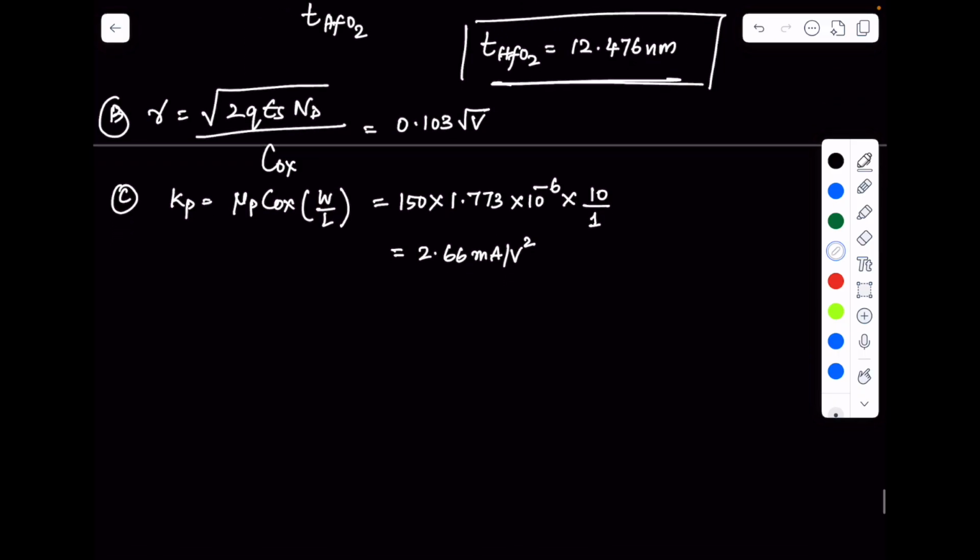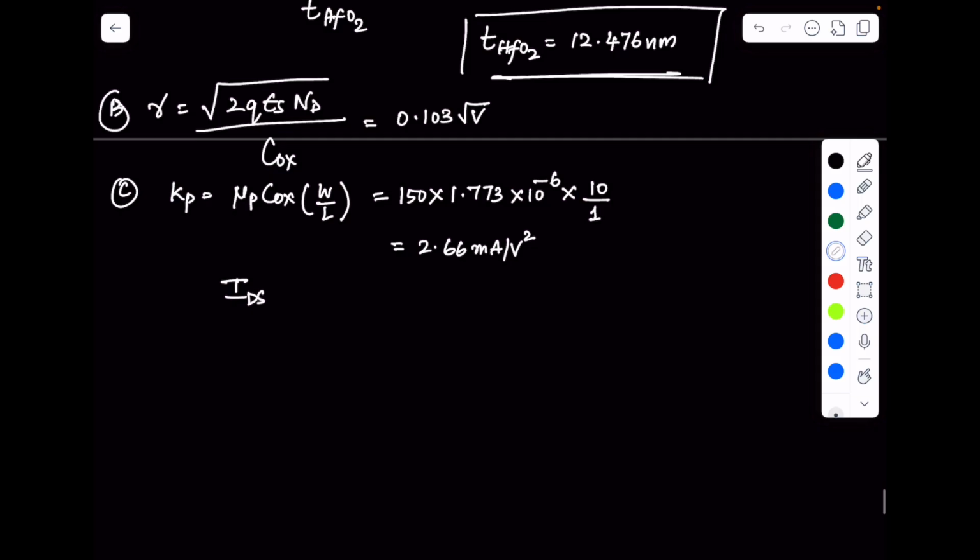And you're given IDS in saturation to be 200 microamp, and the gate bias is given to be 0.7 volts. Therefore, 200 microamp should be half into Kp into (VGS minus mod VTP) the whole squared. Again, I'm taking mod of everything.